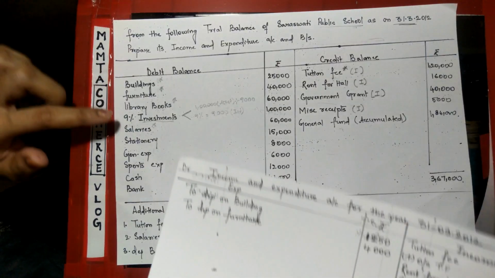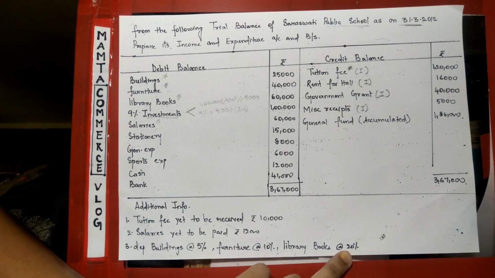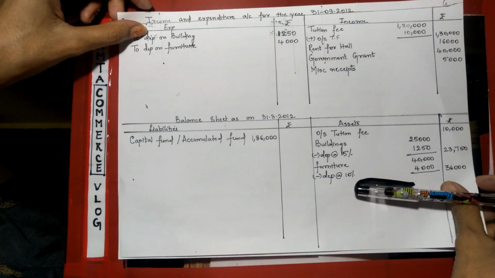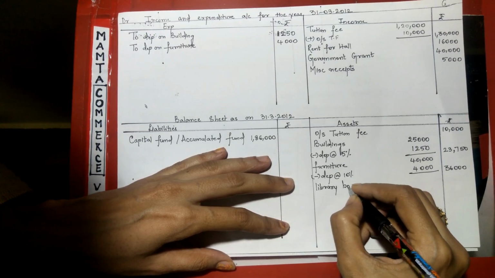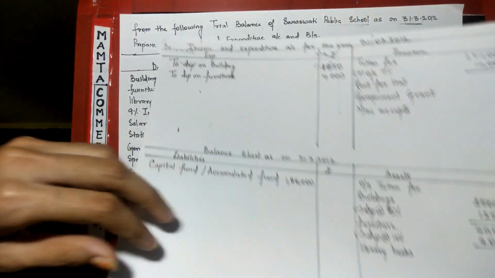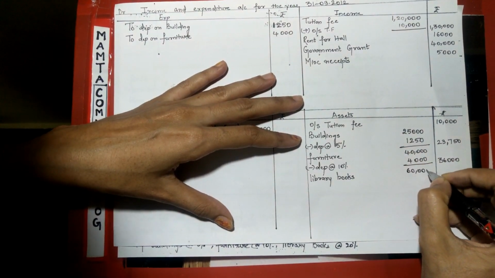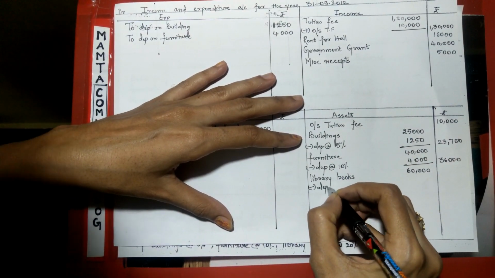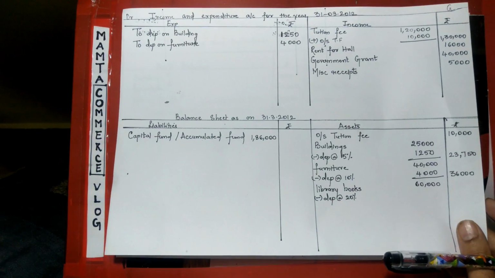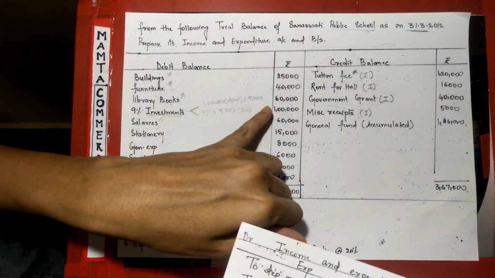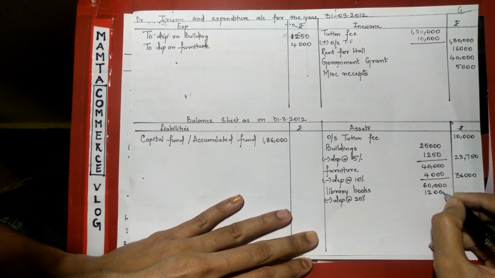Next point is our library books. For library books also we have an adjustment, that is depreciation at 20%. Library books is also an asset to us. So library books value is 60,000, and we have an adjustment of depreciation at 20%. So 20% of 60,000 is 12,000.